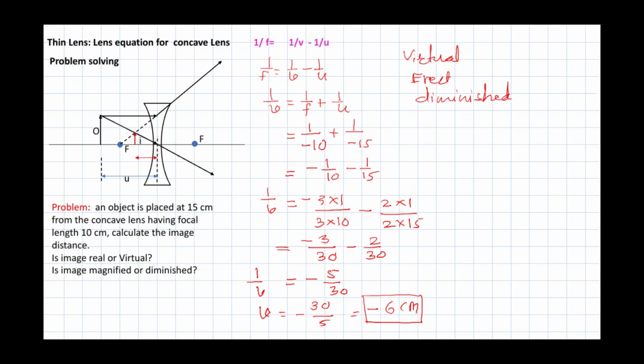The image is always formed between the optical center and the focal length. So in case of a concave lens, the image is always formed between these 2 points, remember that, and it is always erect and virtual.